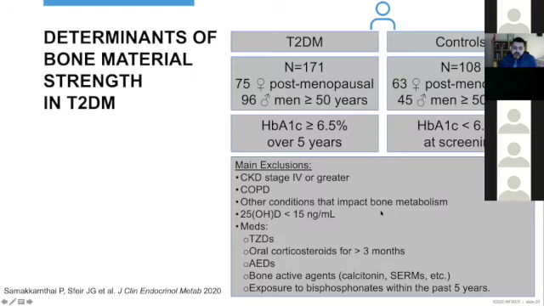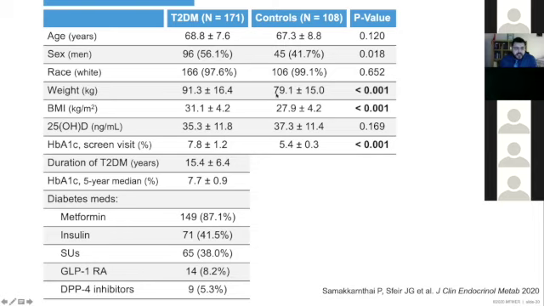Looking at our own data here in Rochester, we compared 171 diabetics compared to 100 controls, both postmenopausal women or men greater than 50, with appropriate exclusion of secondary causes for bone disease, well matched for age and sex, with an average A1C of 7.8%.